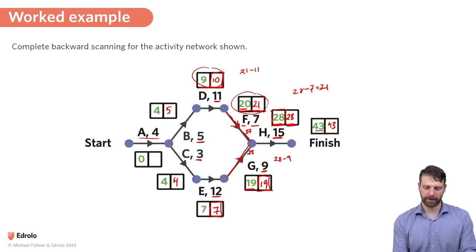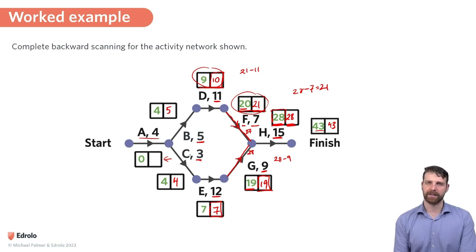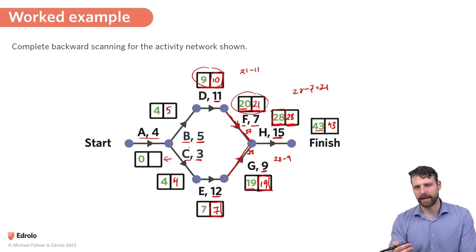And now I'm ready to think about the latest start time for A. So what we can see is that A is an immediate predecessor for B and C, okay? So A needs to finish before B can start and before C can start. So basically A needs to be completed so that we don't lose any time on the project. So here we see that C needs to start at its earliest start time.